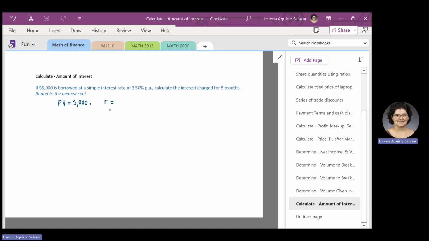And if the interest rate is, in this case, 3.5%, it is understood that 3.5% is the annual interest rate. Now, in calculations, interest rate, which is R, is used as a decimal or fractional equivalent. Here, the decimal equivalent to 3.5% is 0.035. We get this number, 0.035, by dividing 3.5 by 100.